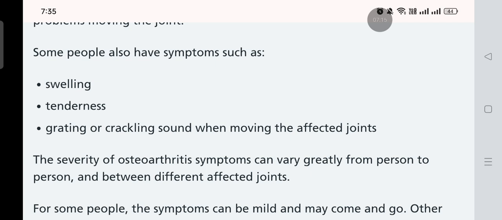The severity of osteoarthritis symptoms can vary greatly from person to person and between different affected joints.